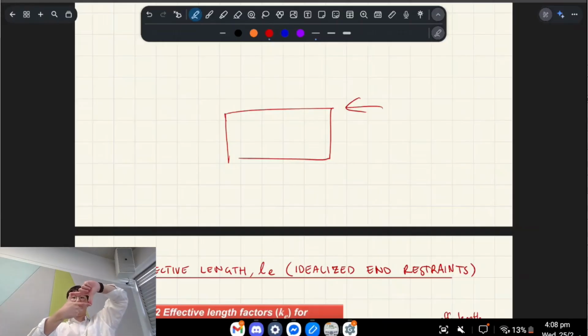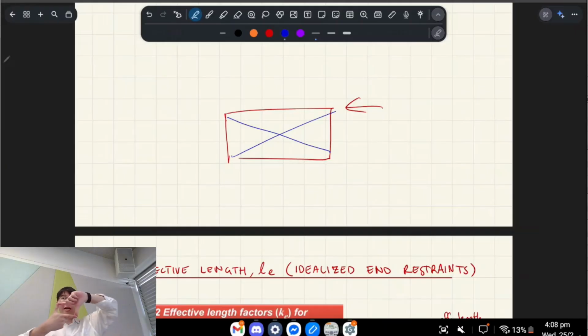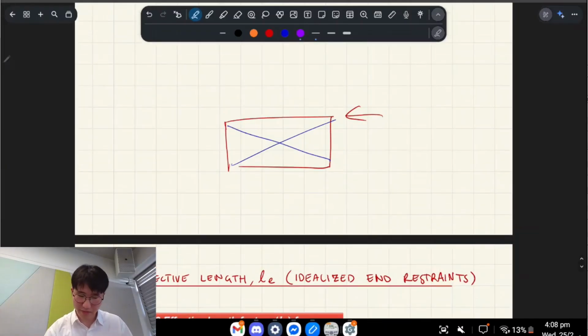If it's unbraced, or a sway frame, it does this. But if we have tension braces, stopping it from doing that, it has to stay in that shape now. So that's braced.